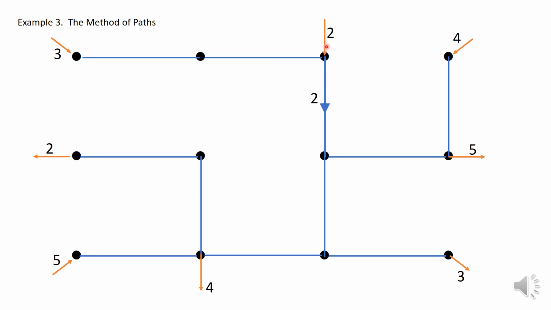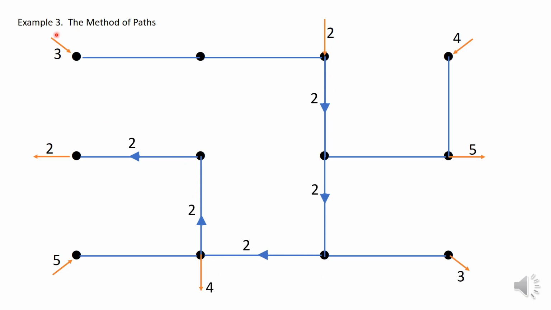So we'll take flow of 2 down this branch, another flow of 2 down this branch, another flow of 2 down this branch, 2 up that branch, and 2 across here. So that takes care of the flow of 2 in here and out here. You can just imagine that flow going along this path, in here and out here.